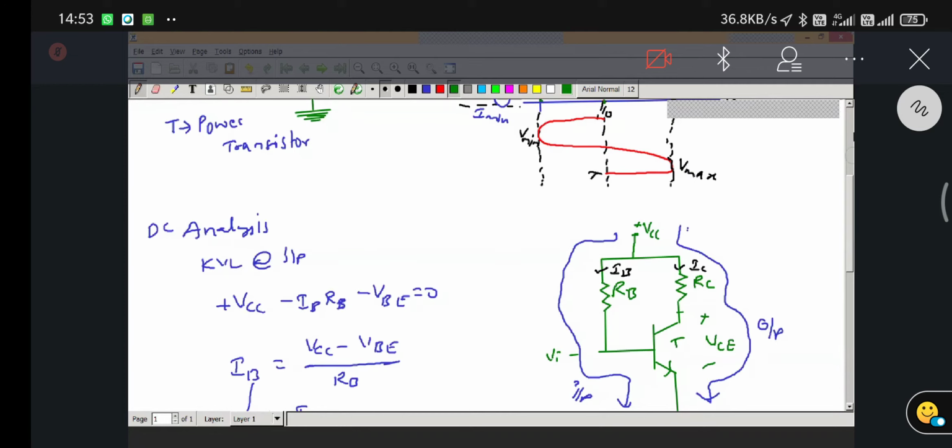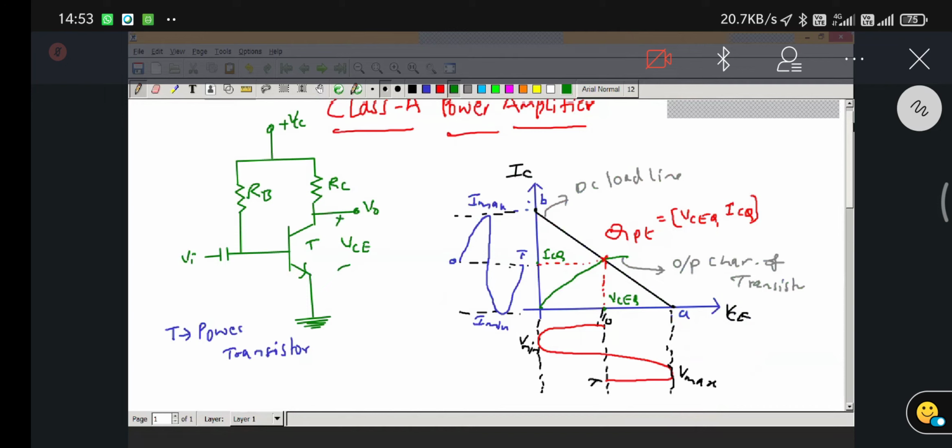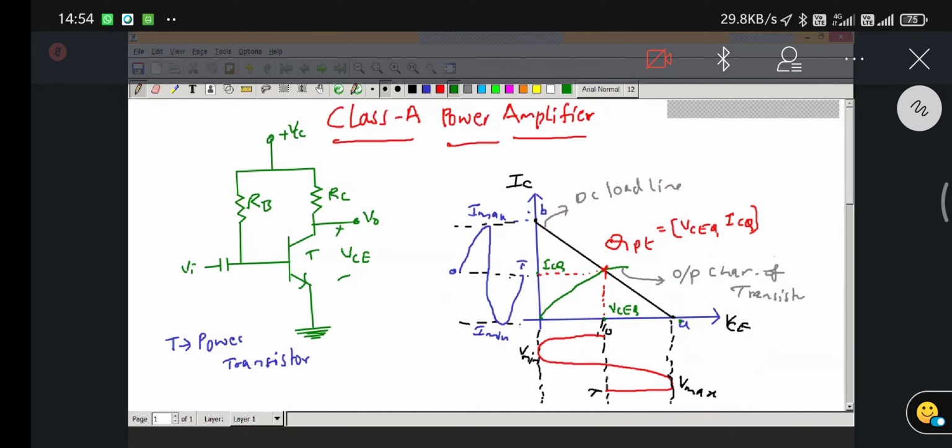Observe here. At this point A, which value are we getting? The VCC value. And at B, we are getting the value VCC by RC. Now what is VCEQ? The Q point is the mid value between 0 and A. For example, if we have VCC as 10 volts, then we get VCEQ as 10 by 2, that is 5 volts, right?